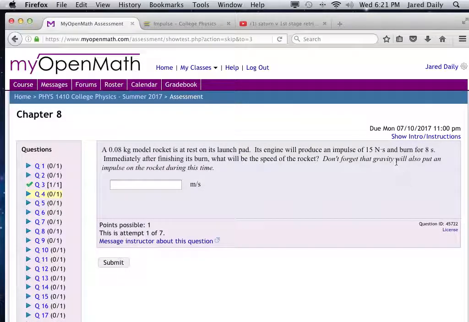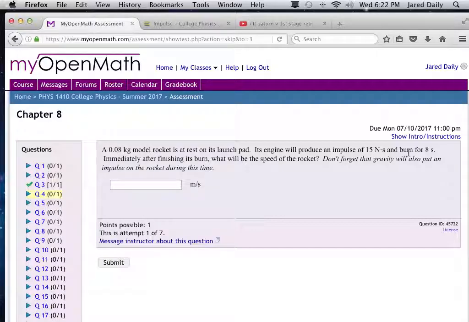An impulse burn, so it tells you the 15 newton seconds is the change in momentum, or impulse. They tell you the time. So what I did was I said you take the impulse, and however long it burns for, that would be your change in momentum, right? So this is the equation for impulse.